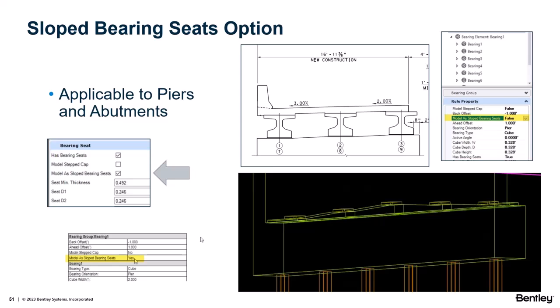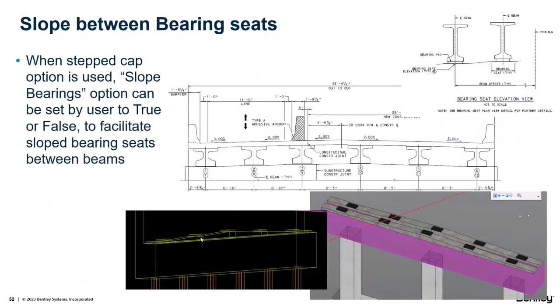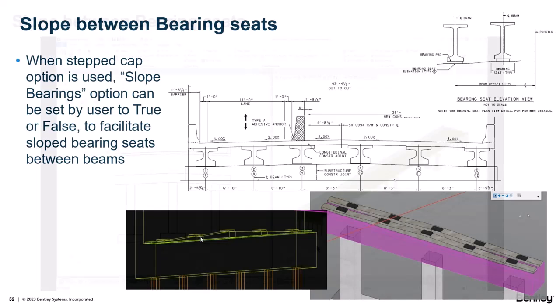So that's another option, again, just through the properties, saying true or false, and activate that option. And some organizations are doing this. So it's just a matter of toggling that on, and we just slope or add the extra concrete to a slope between the bearing seats.